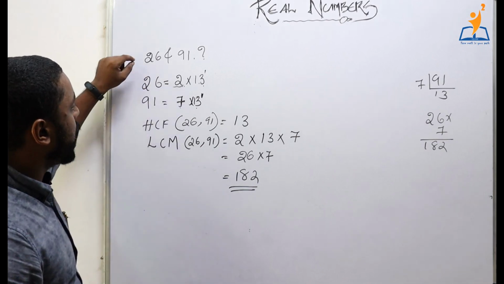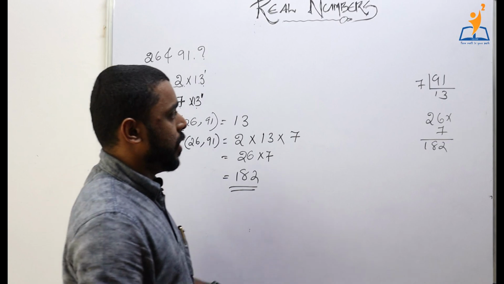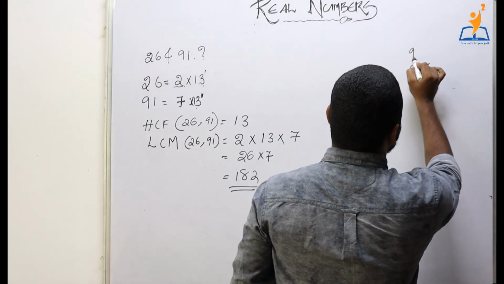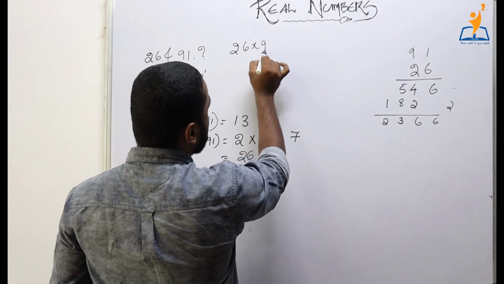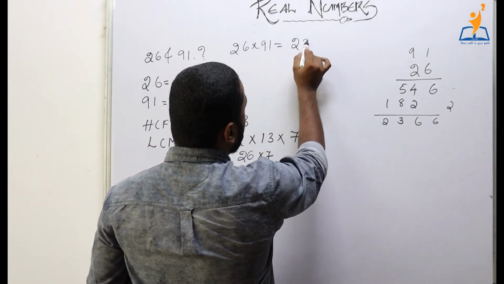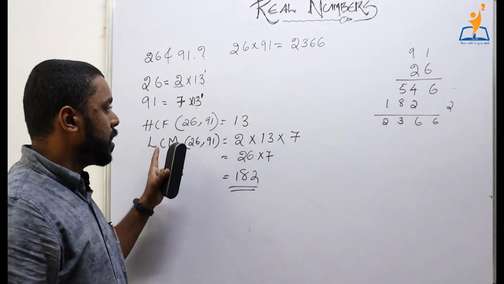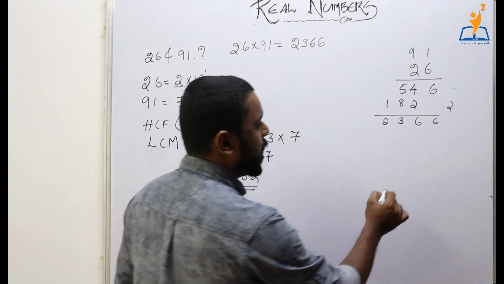Now we shall verify whether HCF into LCM is equal to 26 into 91. We have 26 into 91, which is equal to 2366. Now we can evaluate HCF into LCM. HCF is equal to 13 and LCM is equal to 182.